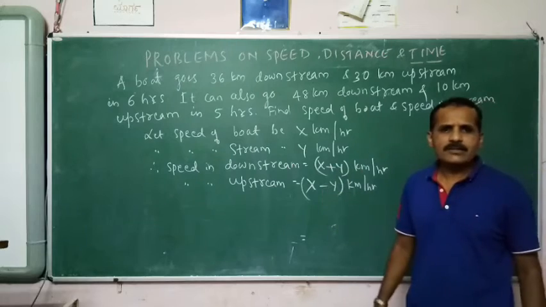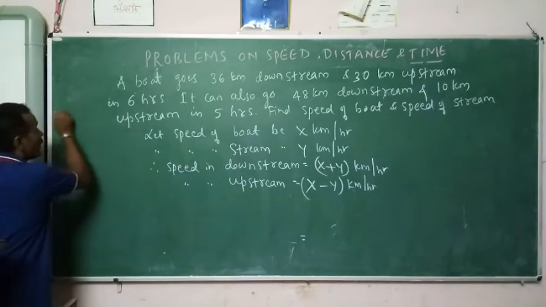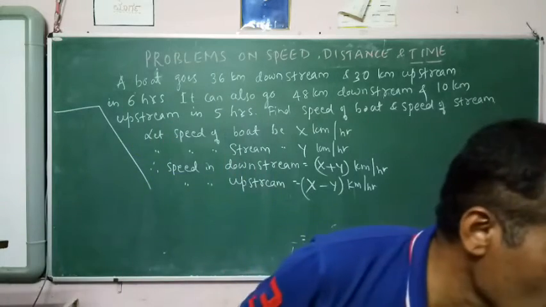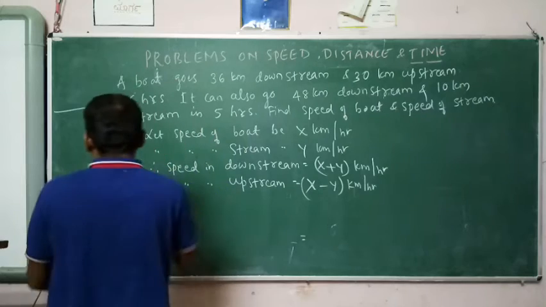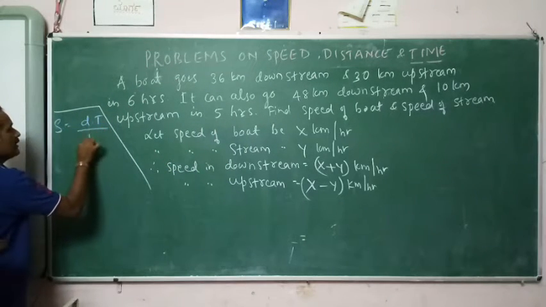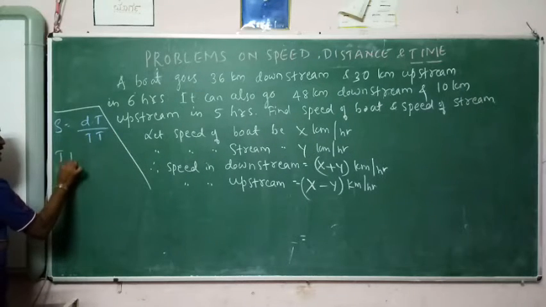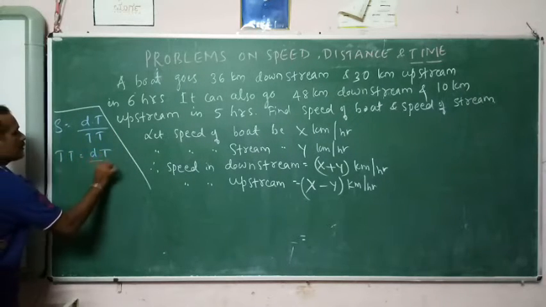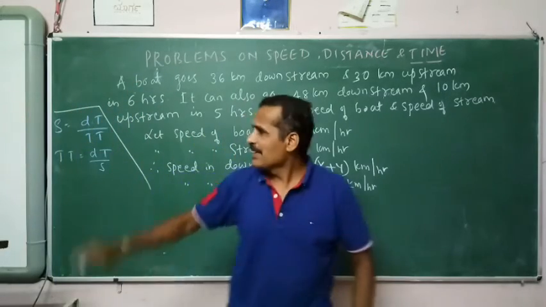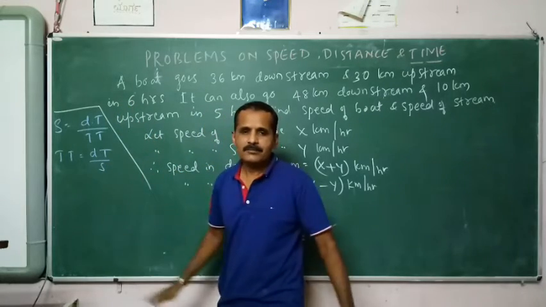These 4 sentences you are writing. And somewhere in one corner, you should have a formula. What is the formula? Speed is equal to distance traveled by time. I will cross multiply. Time taken is equal to distance by speed has to be done.